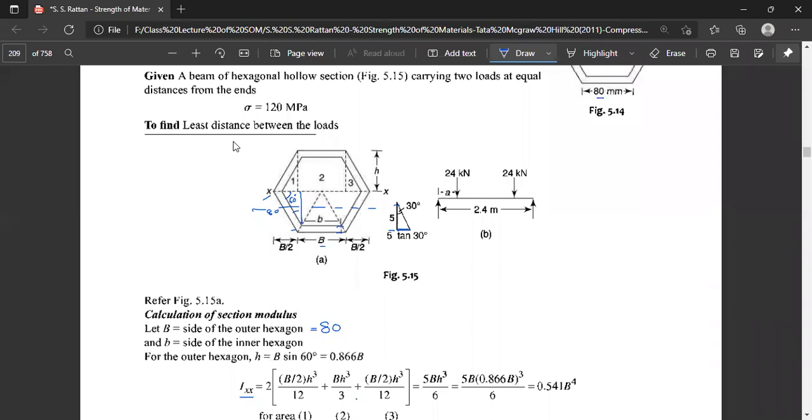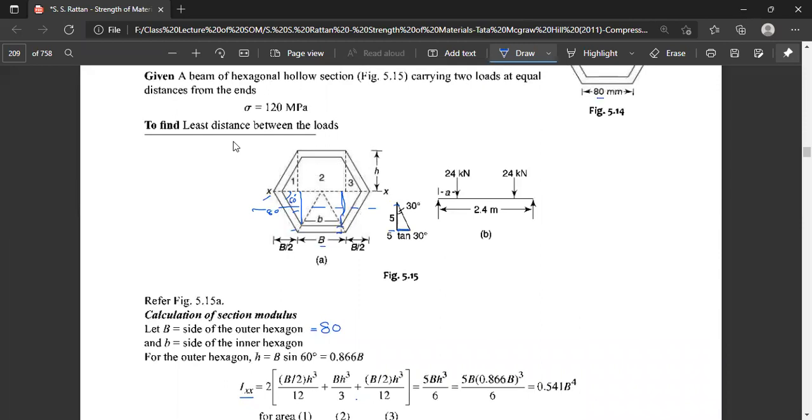We have to do all this loading by considering the triangle here. This is one of the triangles, this is one of the rectangles here, and this is another triangle here. So we have to find out this moment of inertia about the base of the triangle, the base of the rectangle, and again the base of the triangle.